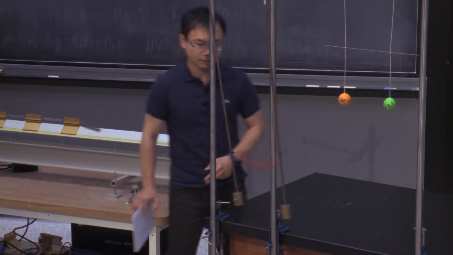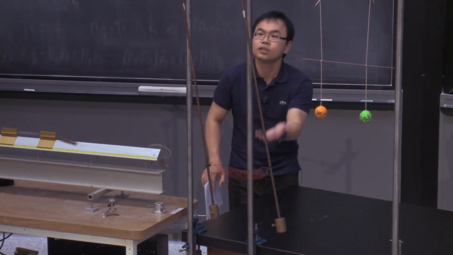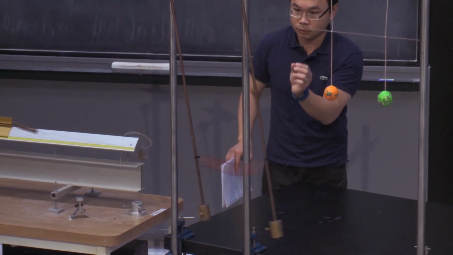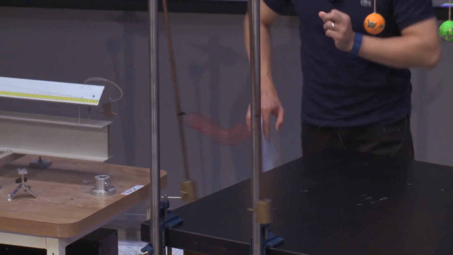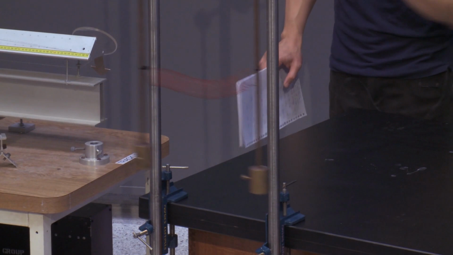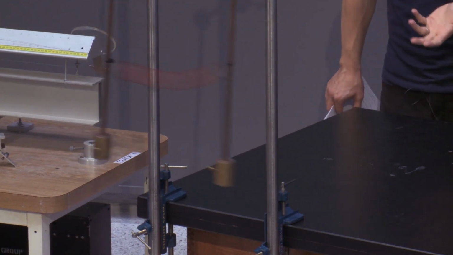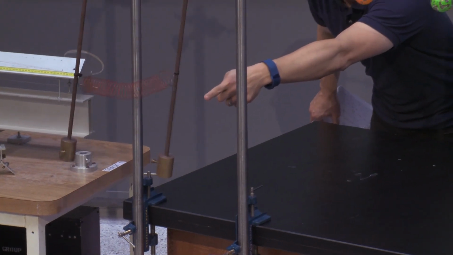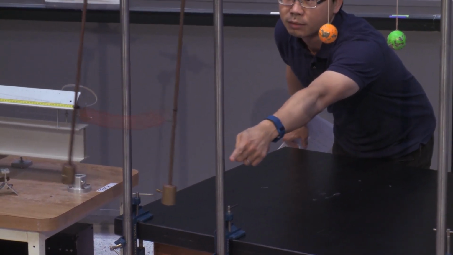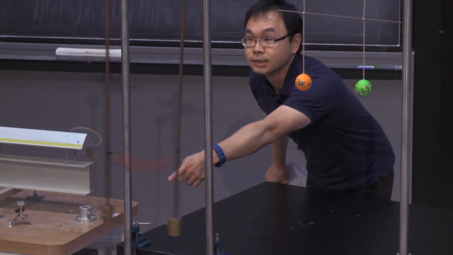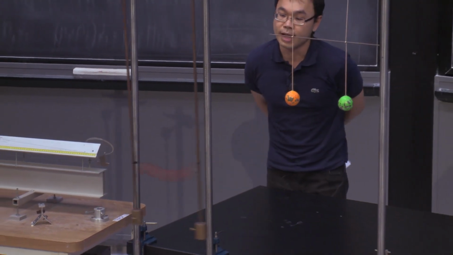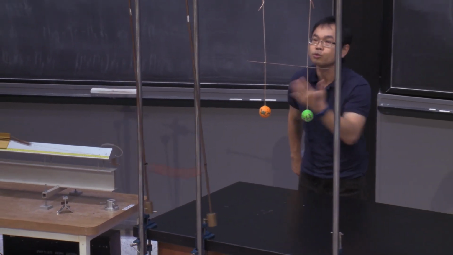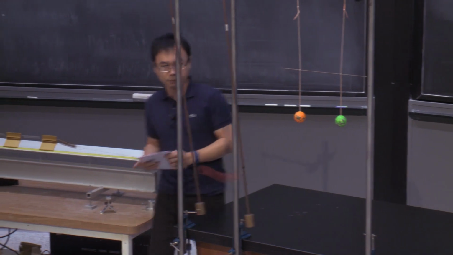And you will see that the motion is still complicated, although if you stare at one of the objects, it looks more like harmonic oscillation, but not quite. For example, this guy is slowing down, and this one is moving faster. And now the right-hand side guy is moving faster. The motion seems to be complicated.